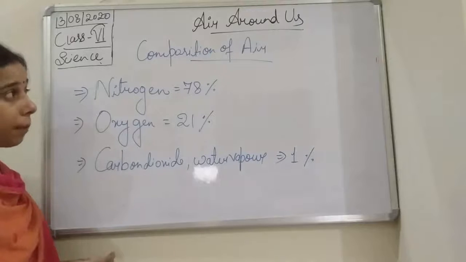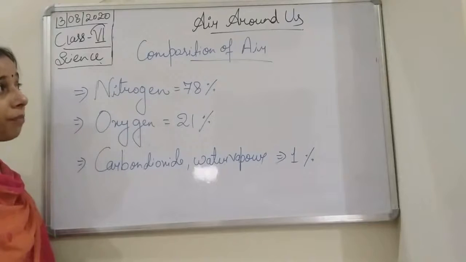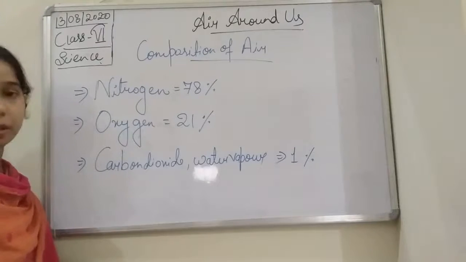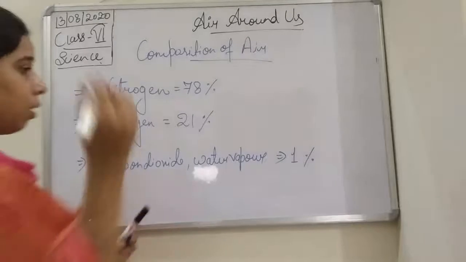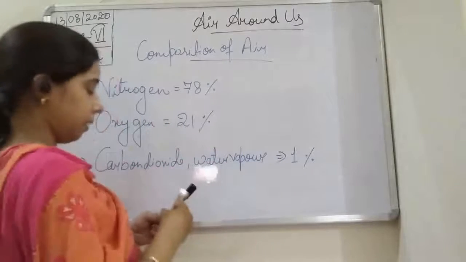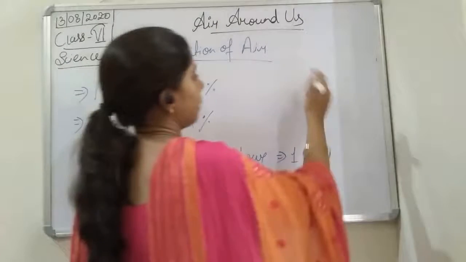So this is the composition of the air. We can represent this composition of air in a circle also.